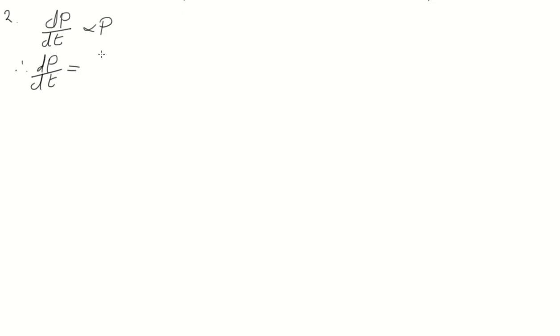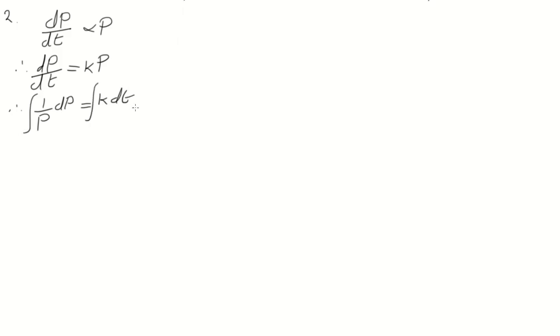So the proportionality sign we always replace with equality and a k, which is a proportionality constant. Then it's k P. This is just a simple case where you have to use separation of variables again. So we separate: 1 over P dP is equal to k dt.